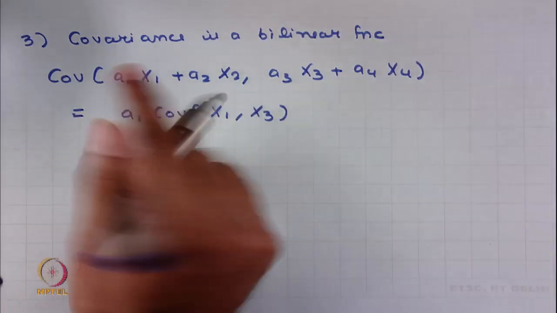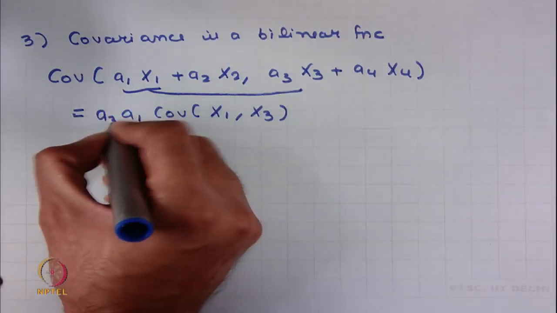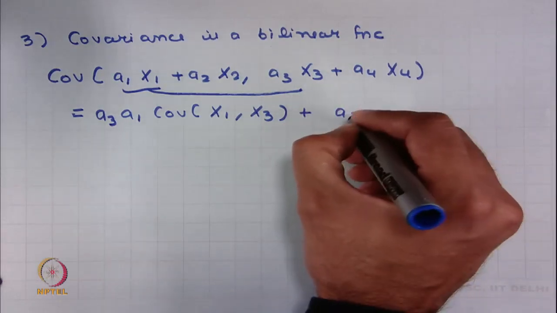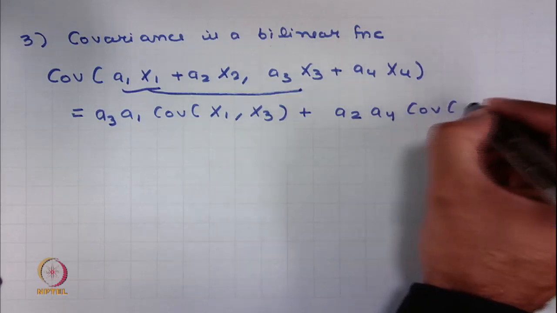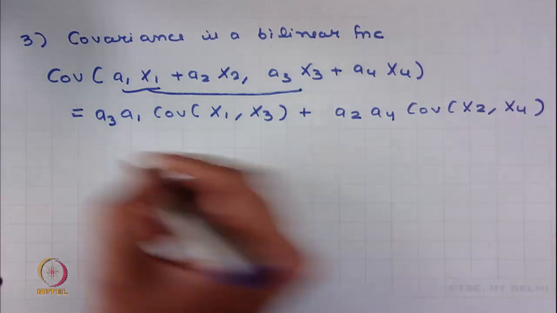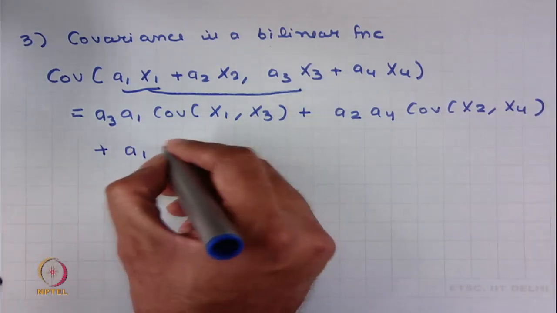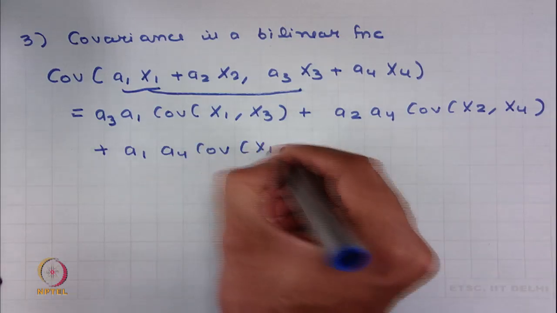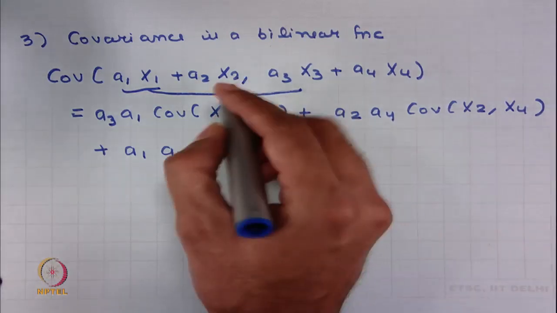So, I am taking this with this. So, I will get a1 a3 covariance of x1 x3 plus a2 a4 covariance of x2 with x4, then a1 a4 covariance of x1 x4, and what is left, x2 with x3.